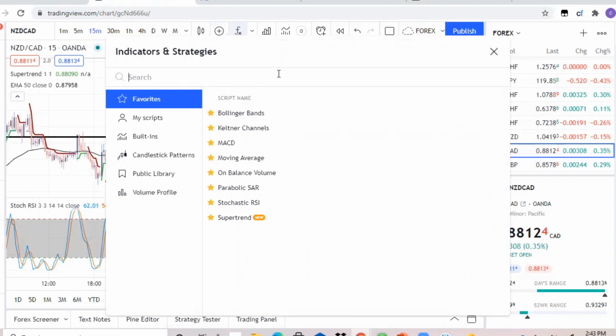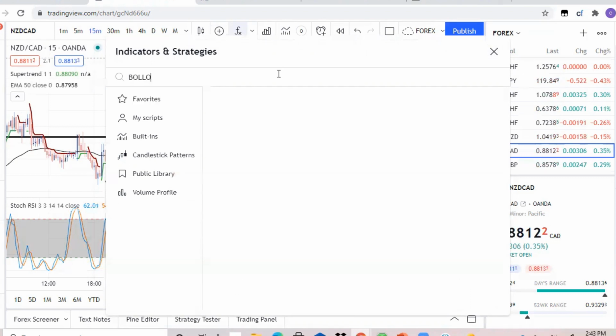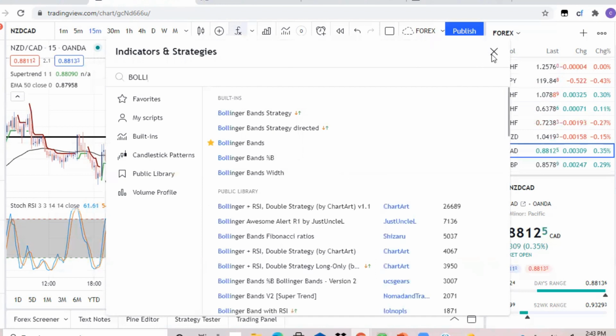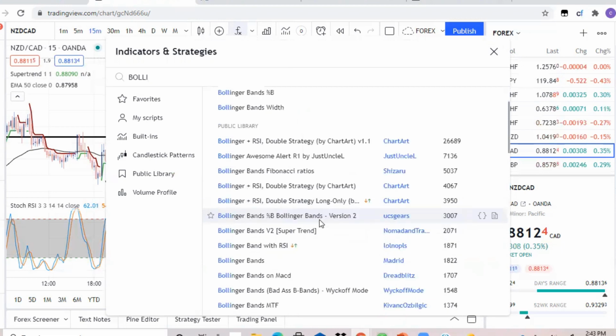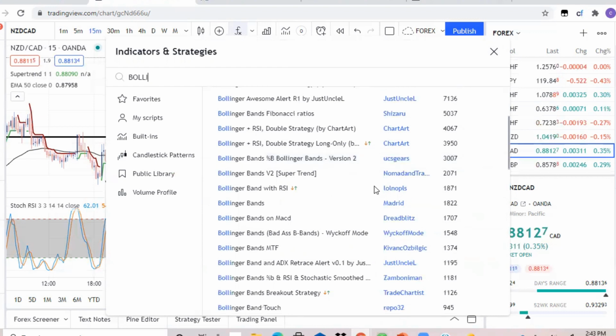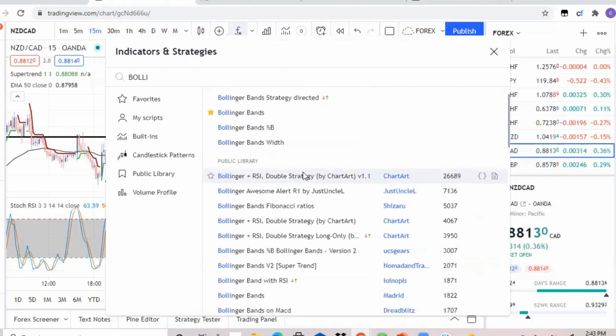You can just simply type it in the search bar, and it will pop up just like that. You can add on whichever one you want to use. Some of these are modified indicators, so definitely pay attention to which indicator you are selecting and make sure you are reading what they all include.